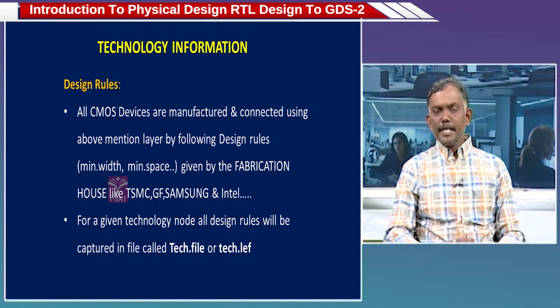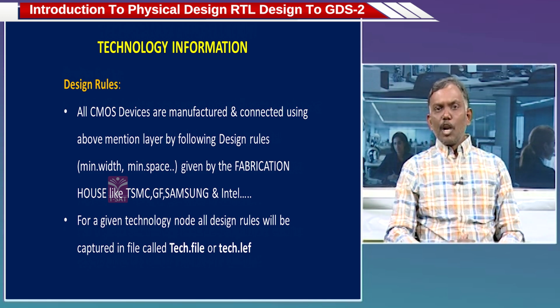They will provide a set of design rules: minimum width, minimum spacing, enclosure rules, like that. We should follow all these design rules during fabrication. For a given technology node, we have a set of design rules. Those will vary from one technology node to another. All these design rules will be captured in a file called tech file or tech-lef.